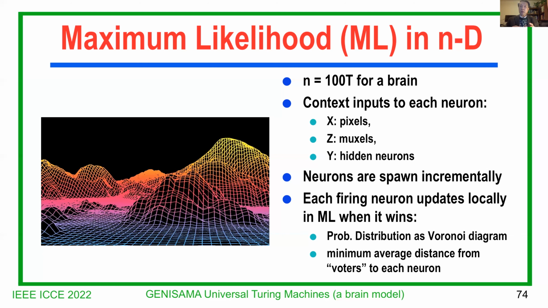It's kind of local, but multiple committee members vote, and you minimize the average distance from the voters to each neuron. So basically, the maximum likelihood is like neurons moving to the location that has maximum likelihood, and when they move, their distance from the voters, from the current input, is minimized.